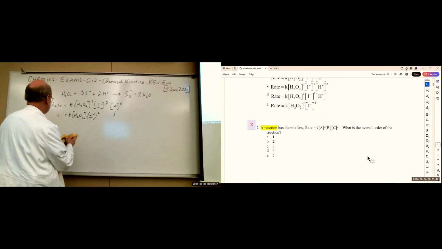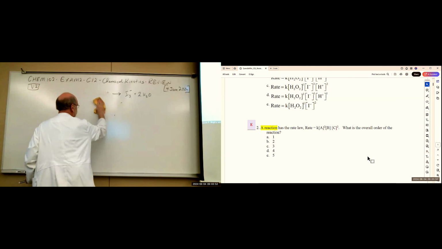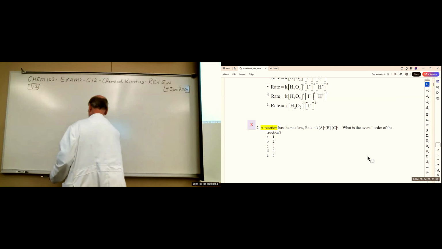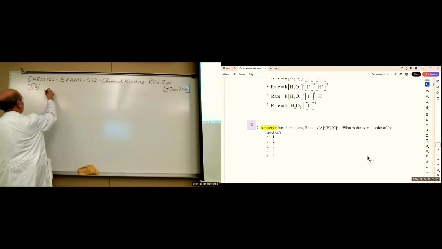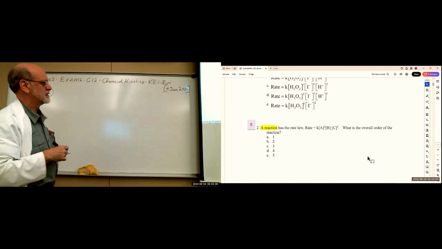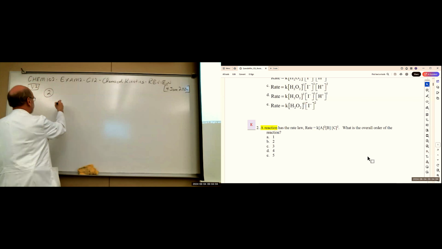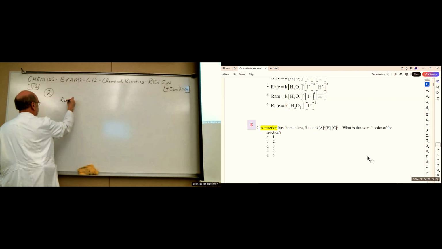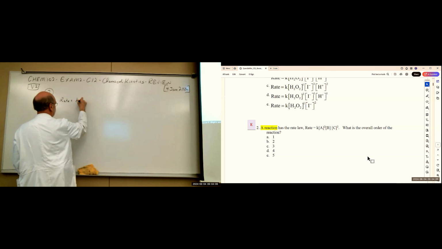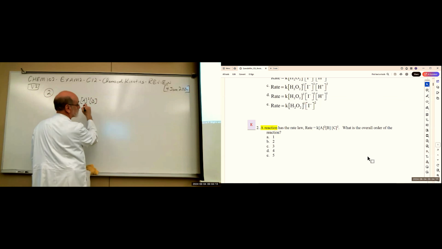All right, number 2. Let's see, a reaction has the rate law, A squared B C squared. Okay. This is second order. This is first order.